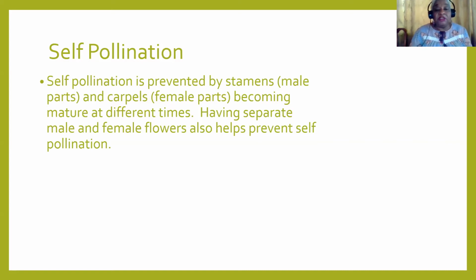So self-pollination is prevented by the stamens, the male parts, and the carpels becoming mature at different times. One will mature before the other. Another way to do it is to have separate male and female flowers. Some plant species have separate male and female trees.